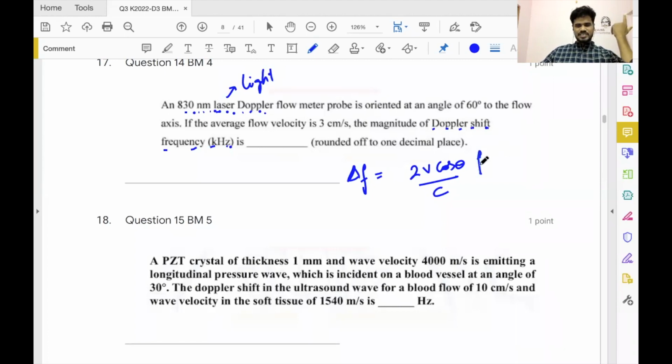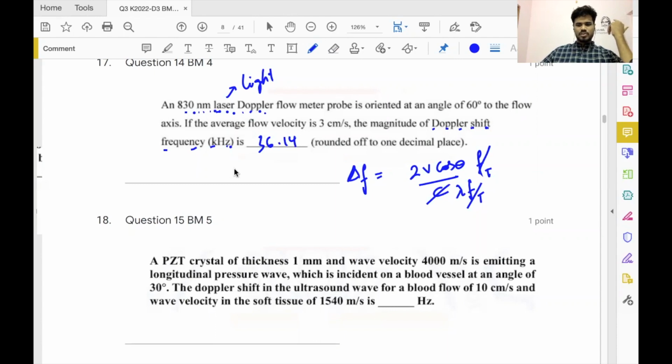That times the incident wave, right? Here the incident wave is not given, so we have to convert C as lambda times F. So F gets cancelled, just find this term, and we should get the Doppler shift. Suppose that is 36.14.